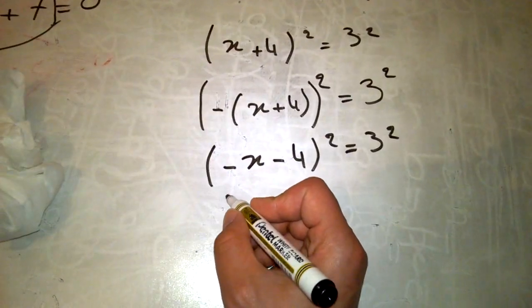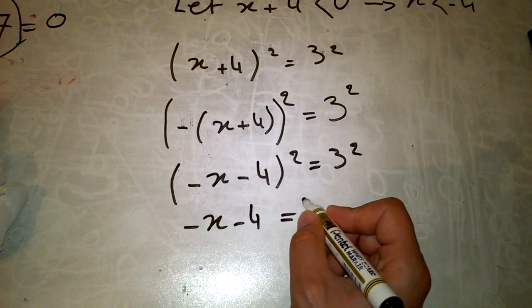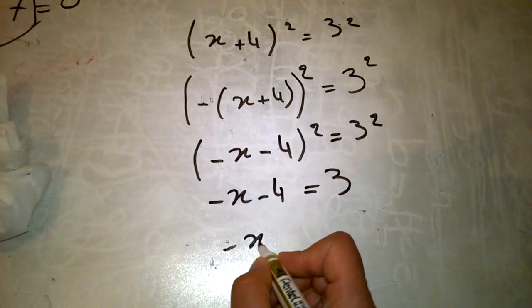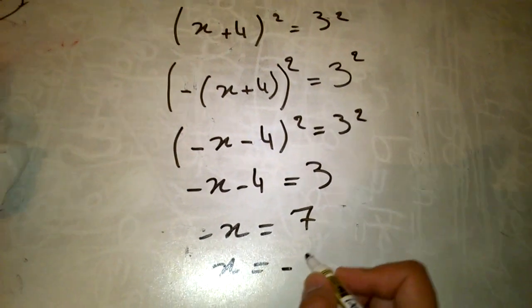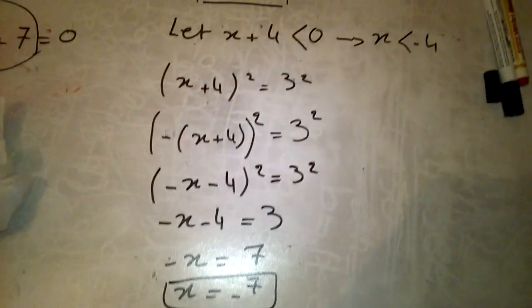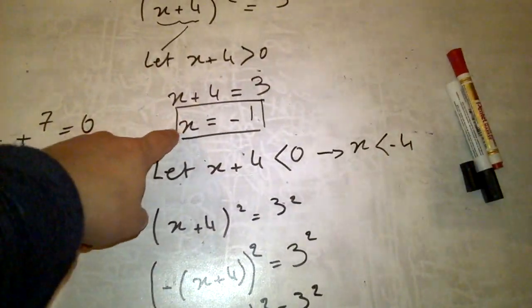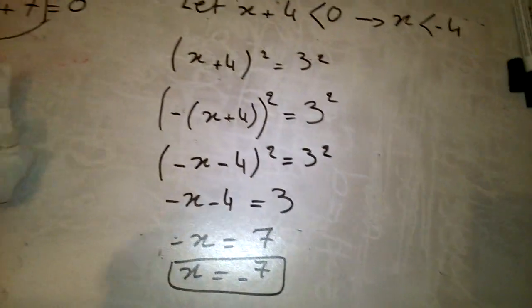So minus x minus 4 is equal to 3. That means minus x is equal to 7, that means x is equal to minus 7. Now we have the two solutions: one solution is x equal to minus 1, and one solution is x equal to minus 7.